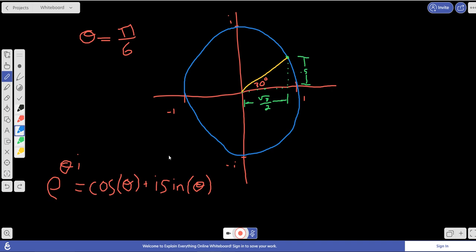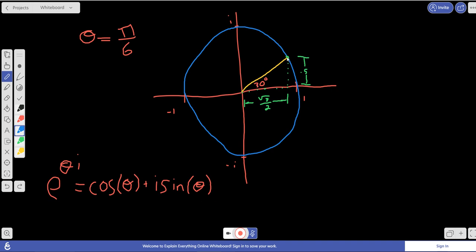Since we're just rotating some value around the unit circle in radians, if we chose theta as pi over 6, you would be rotating pi over 6 radians around the unit circle, and that's just 30 degrees.